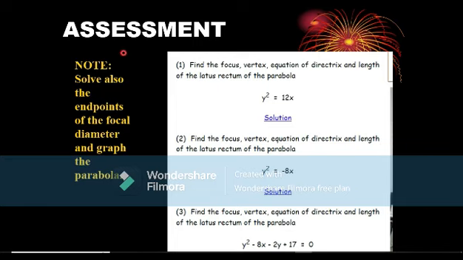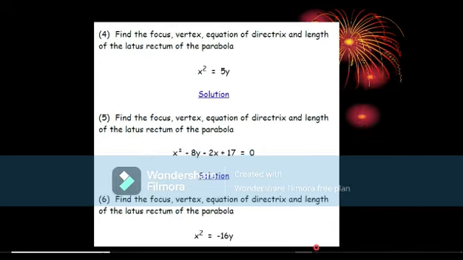Okay, so note here, solve also the endpoints of the focal diameter and graph the parabola. So find the focus, vertex, equation of directrix, and length of the latus rectum of the parabola. y squared is equal to 12x. Then y squared is equal to negative 8x. Then y squared minus 8x minus 2y plus 17 equals 0.